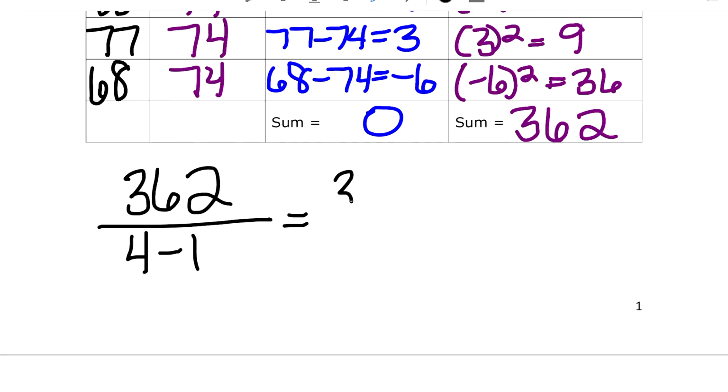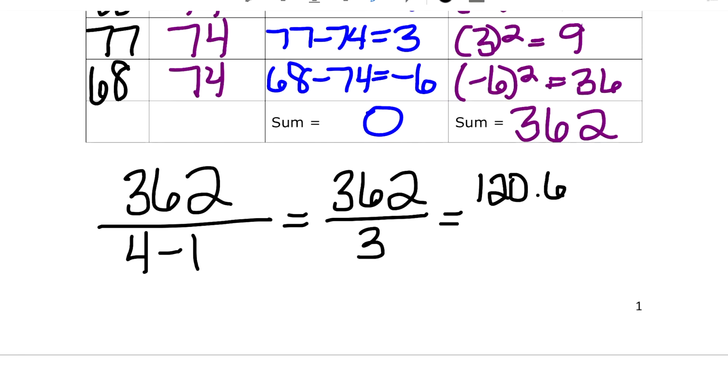So I'm going to take 362 and divide that by 3. And that gives me 120.6667. I would like you to use the decimals all the way through to the end, so don't round until you get to your final answer. And that's what I'm doing in my calculator.